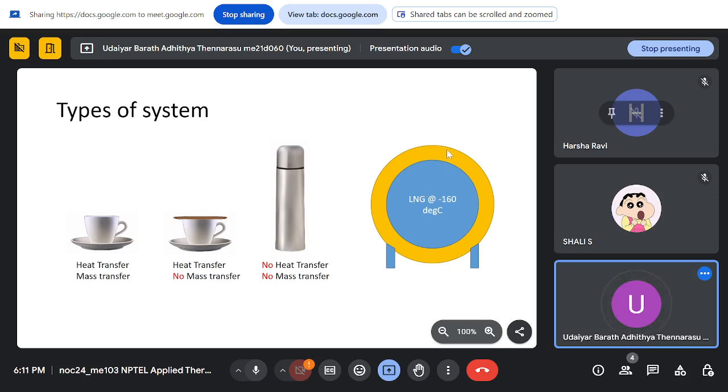So ideally speaking, that should be a closed system. But there will be some heat which is leaking in. So in a normal case, there will be some heat leak, and because of that, the vapor will form and the pressure will start rising. So in that case, you will also have some pressure vent valves at the top. So that will release the pressure to keep it in a certain state. So based on the assumptions which you make, you can put it in all three of them.